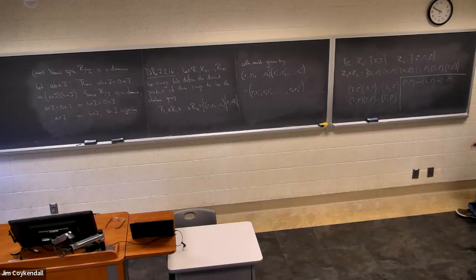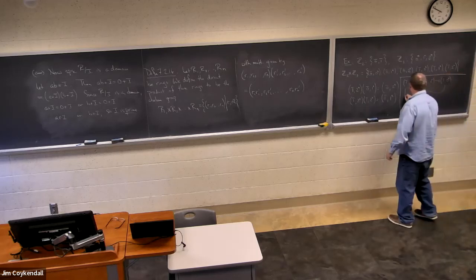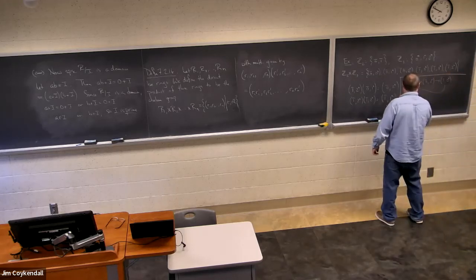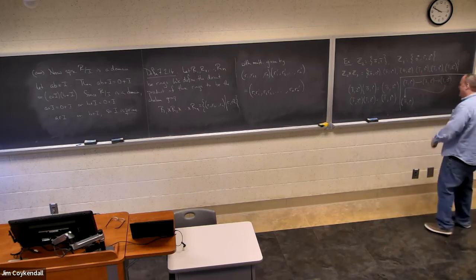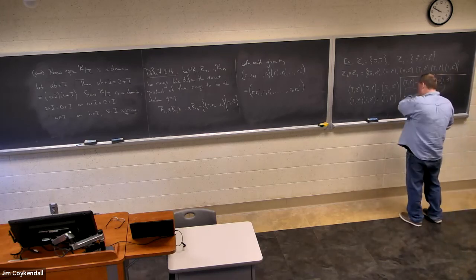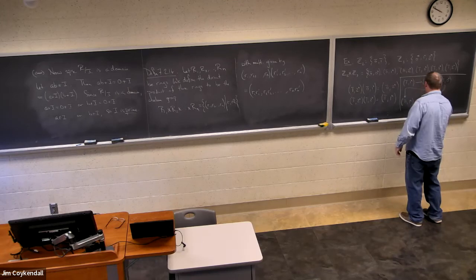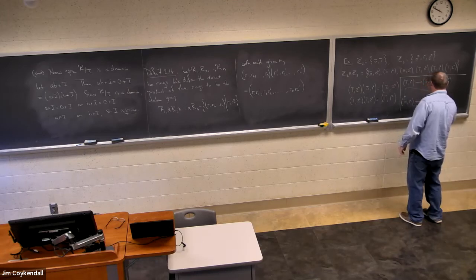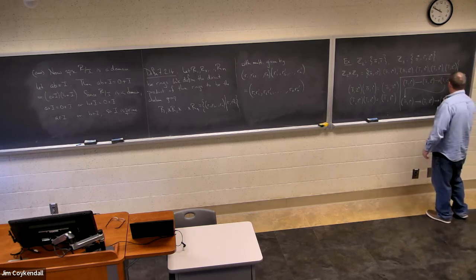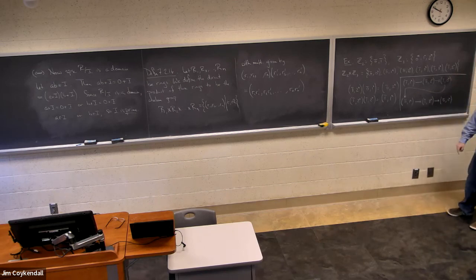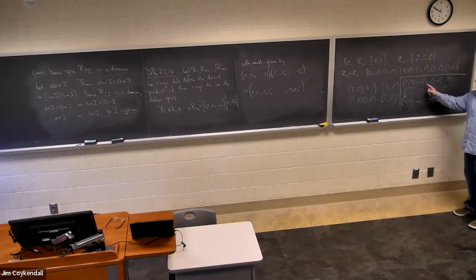Agreed? Add it again, and I get 0 bar, 1 star. Add it again, and I get 1 bar, 2 star, and I add it, finally, I get 0 bar, 0 star. So the order of this element is 6, and notice how it orbits through all the elements of this.